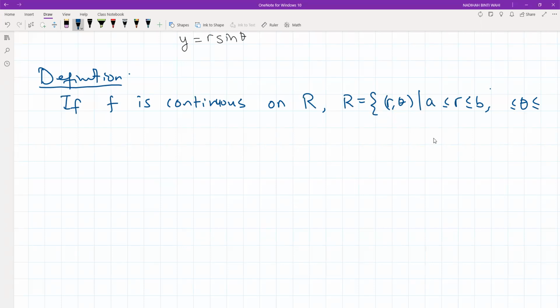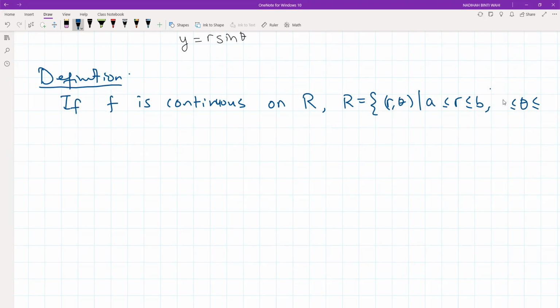R tu radius kan? Radius, so logik tak radius tu dia length, dia macam pembaris lah kan. Pembaris tu mana ada pembaris nilai dia lebih kecil pada kosong. So R is the radius.